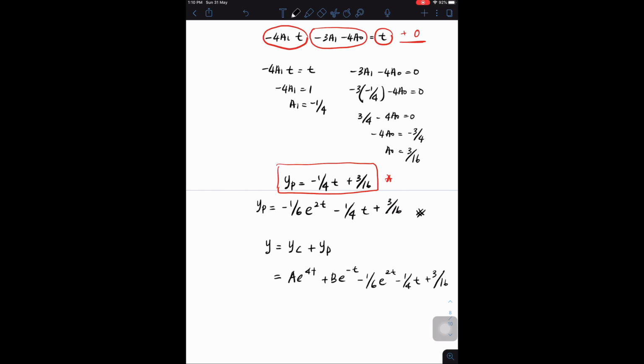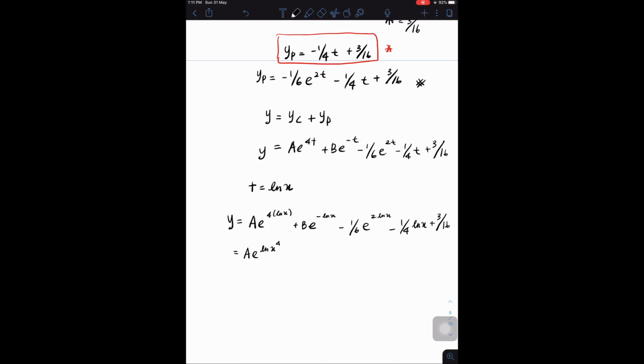This can be written as a e to the ln x to the power of 4, I bring the 4 to the back and it becomes a power, plus b e to the ln x to the power of negative 1, minus 1 over 6 e to the ln x to the power of 2, minus 1 over 4 ln x plus 3 over 16.